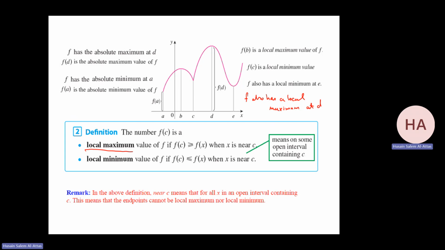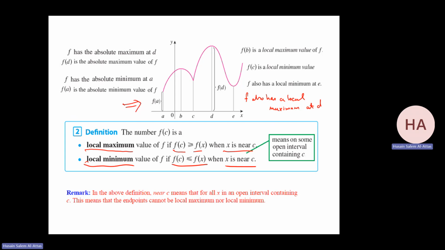So we say if f of c is greater than or equal to f of x, the same idea, but when x is near c, meaning in some open interval containing c. Okay, now let me look at this graph. Local minimum will be the same idea when x is near c.